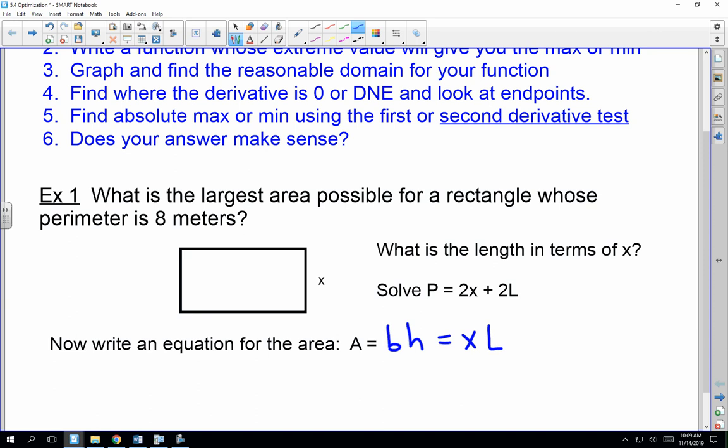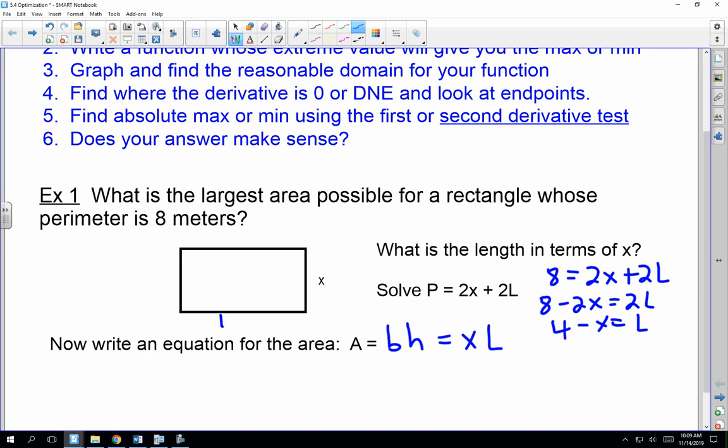I used a capital L. So we'll take this perimeter equation, put 8 in for P. So 8 is equal to 2x plus 2L. Go ahead and solve that for L. Subtract the 2x over. And then divide by 2. So L equals 4 minus x.